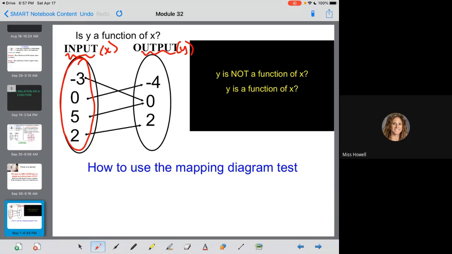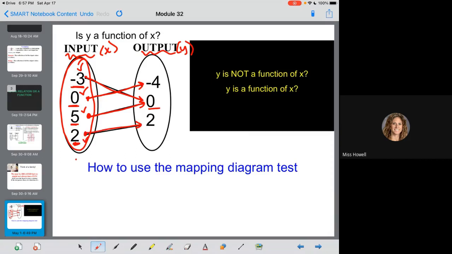If I look at each of these inputs, do they only attach to one output? This -3 attaches to one thing, which is the 0, so that's good. This 0 attaches to one output, so it's good. This 5 only attaches to one thing, the 0, it's good. And this 2 only attaches to one thing, so it's good.